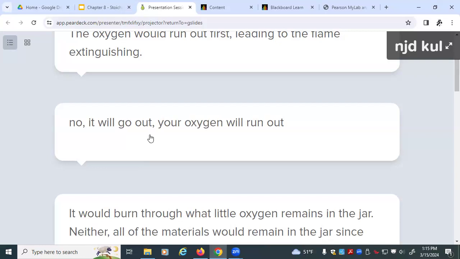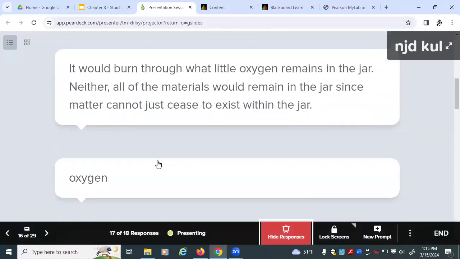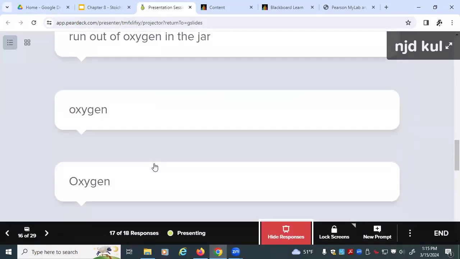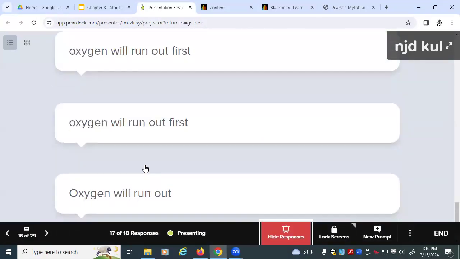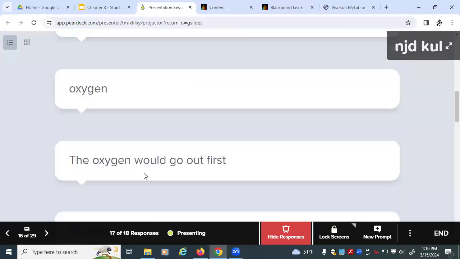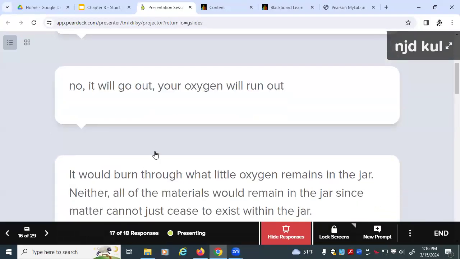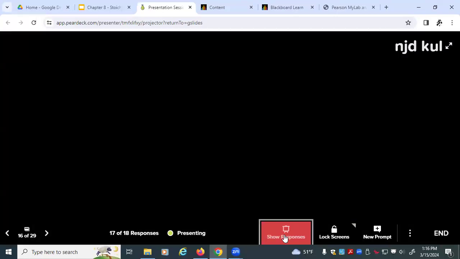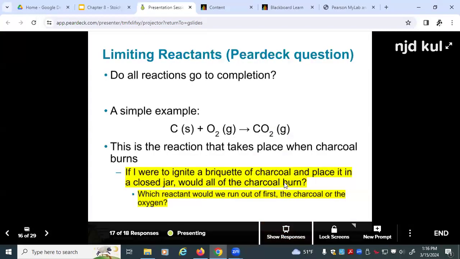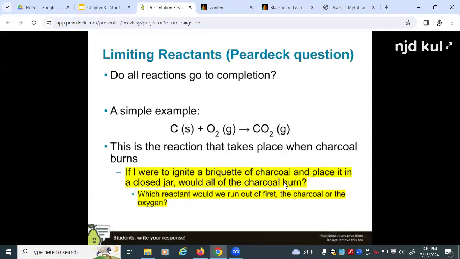There is a factor of size and quantity there that we're going to get into. We're all on the right track here. So experientially, we know that the charcoal's probably going to have some leftovers after that flame goes out.